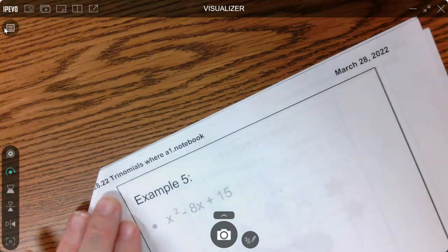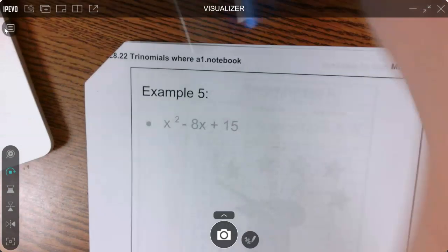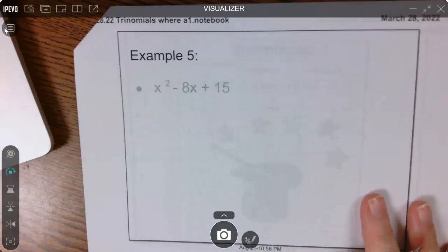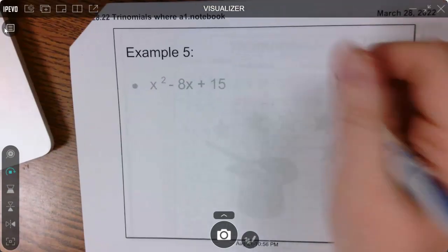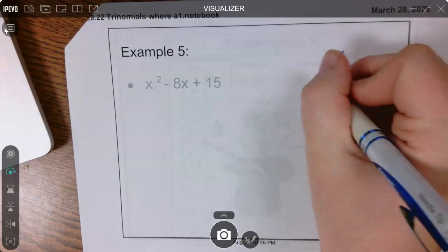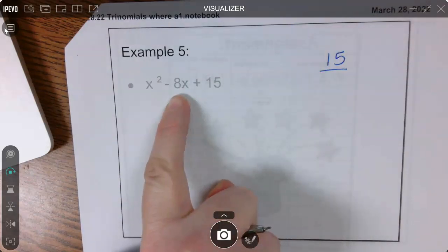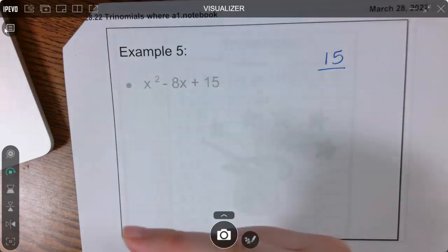Example 5. Okay, so on this one, we've got x squared minus 8x plus 15. So you want to come up with numbers that multiply to give you your c value, and c is 15. So c is positive and b is negative. Same scenario as before.